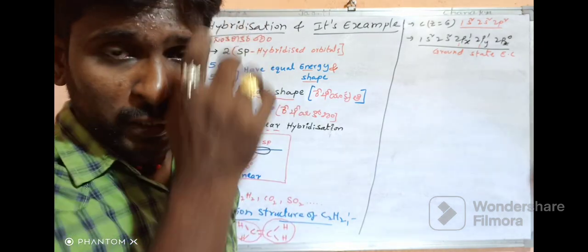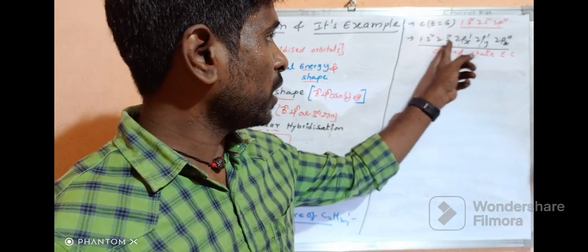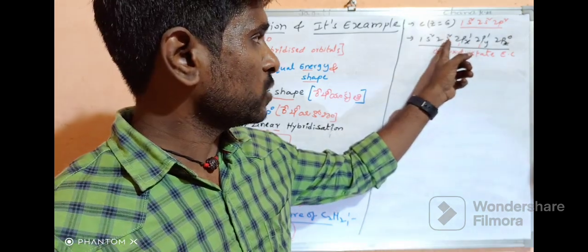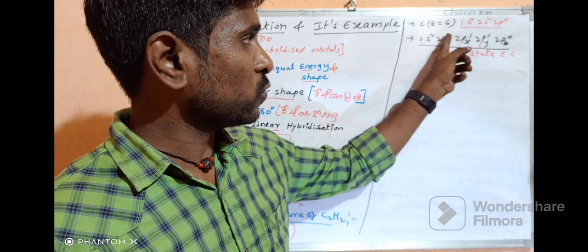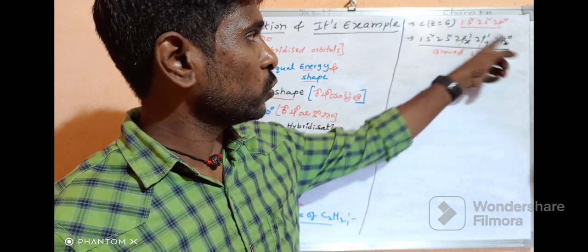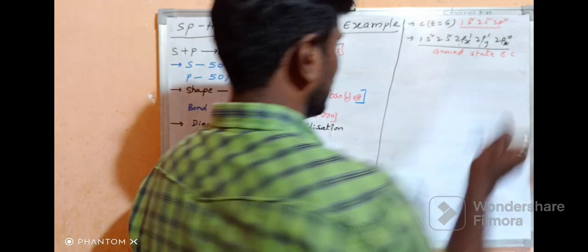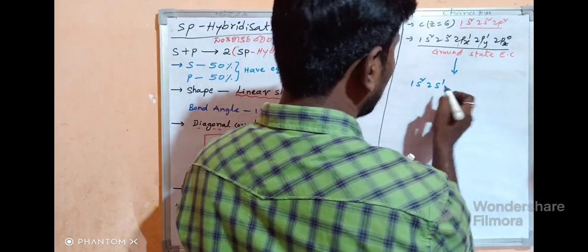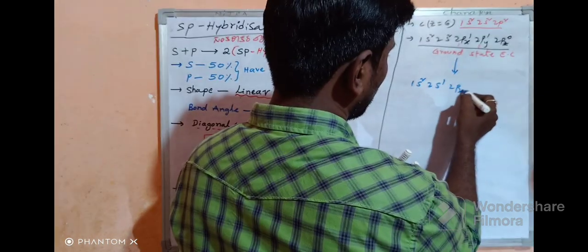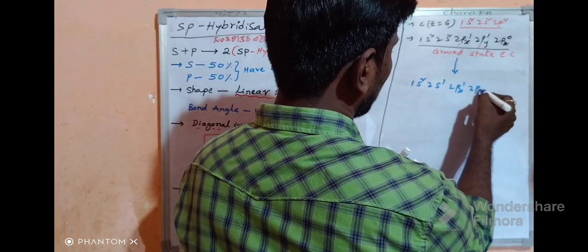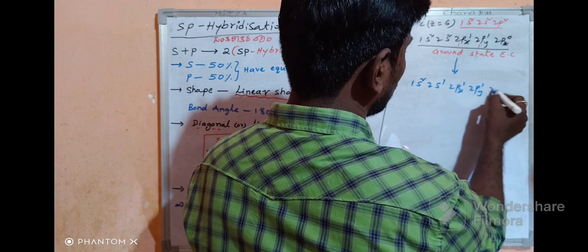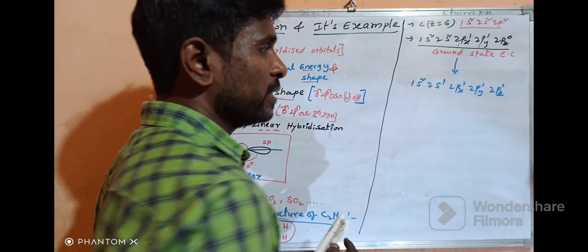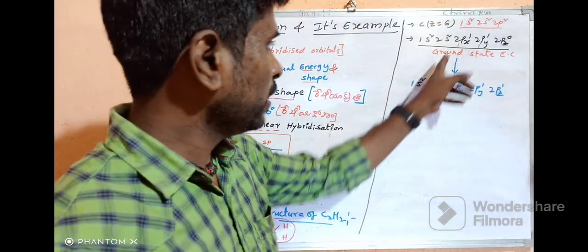That energy is used by 1 electron in 2s2, which is excited from 2s to 2pz. So 2s1 and 2pz becomes 2pz1, due to the excitation.